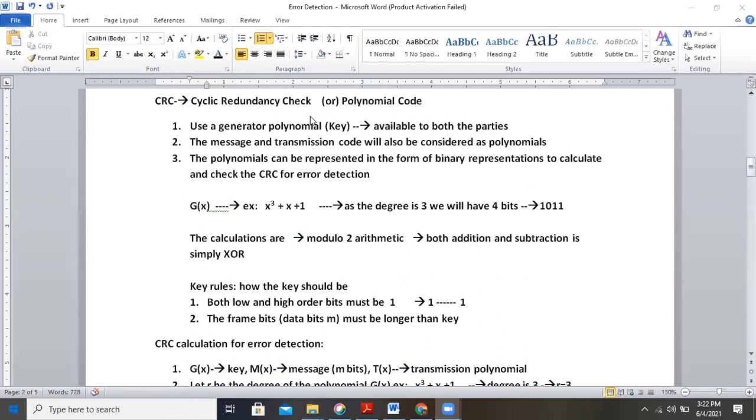Clear? We take the message, apply the key on the message and generate the transmission code. This transmission code is transmitted to the receiver, and at the receiver we again generate the CRC and check.